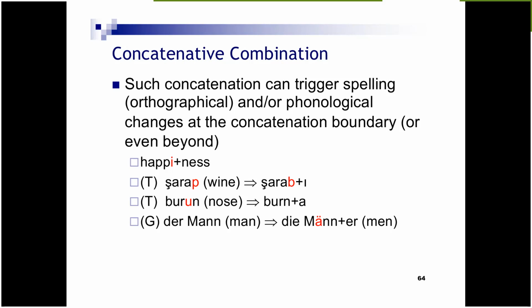But when they split, they don't recover the original word. So if they process a word like happiness, they will produce happi with the I and an ness, but they will not recover the Y that was supposed to be there for the original word. So you might end up having happy with Y and happi with I being two different tokens.